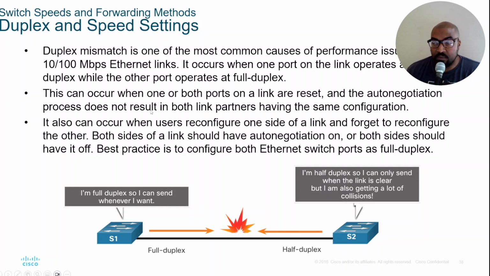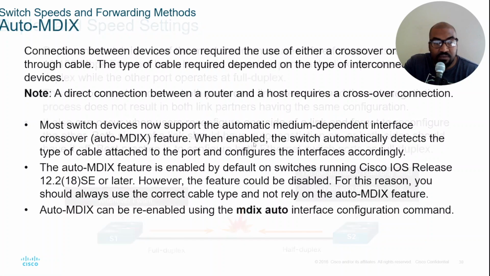I will tell you that you can go into your NIC on your own card, and there should be a setting on there that says auto negotiate. It'll auto negotiate the speed coming in from your network and what's going out. That way, there won't be any collisions, and that's that duplex mismatch. This occurs when one or both ports on the link are reset, and the negotiation process does not result in both link partners having the same configuration. So it just causes all kinds of issues there.